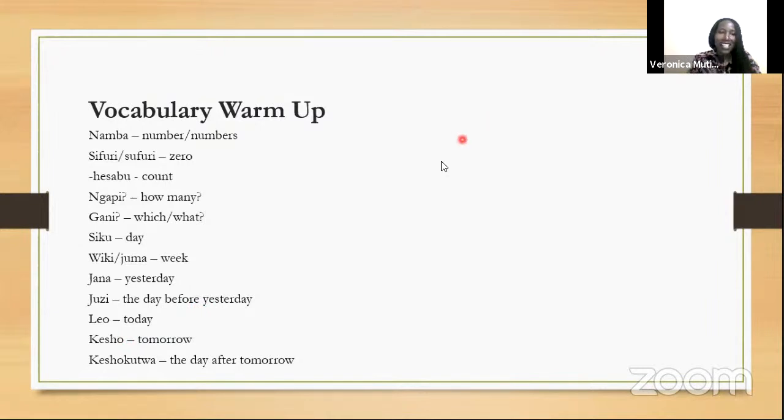You're welcome. So I'm just going to give you a very simple example. Swahili sentences are very simple to learn. Maybe you just want to say what day is it today. So you simply say Leo, today. And then ni is.